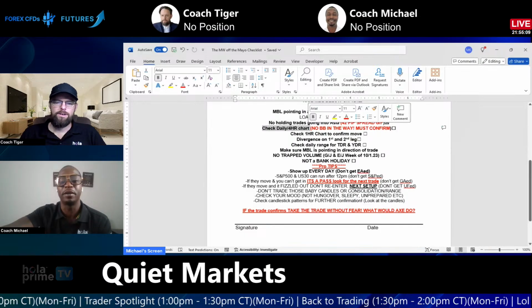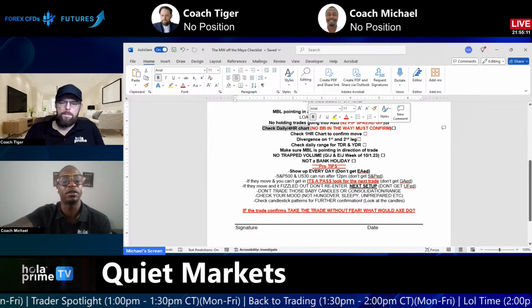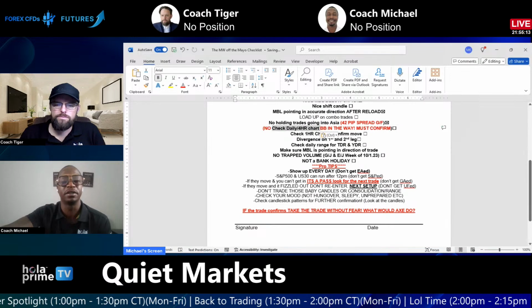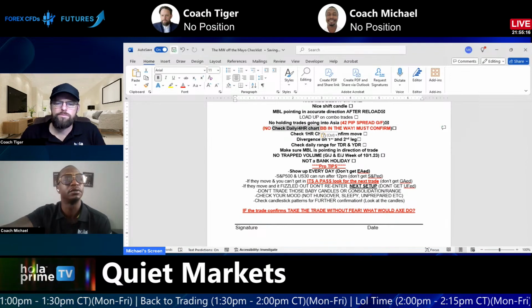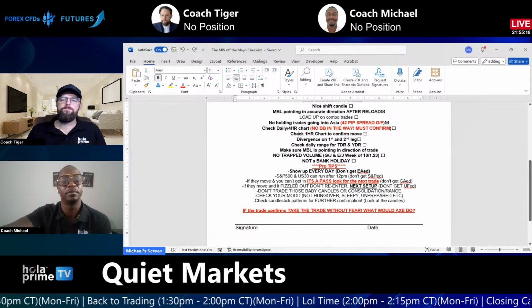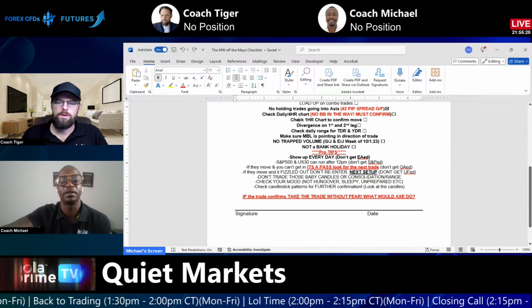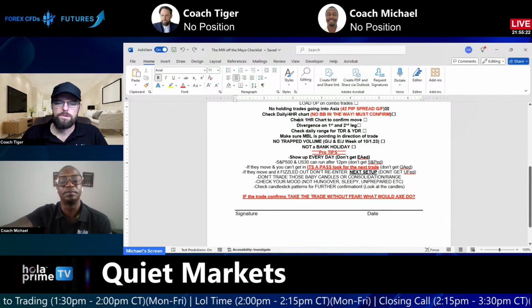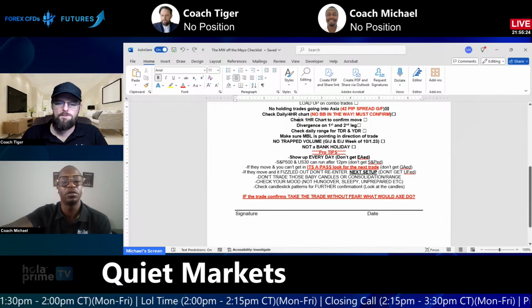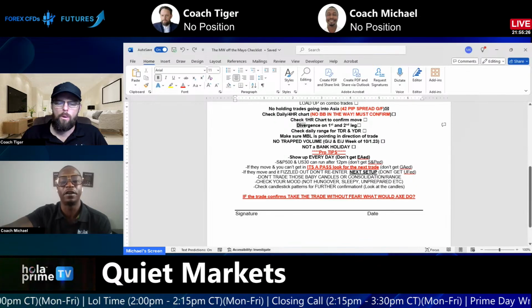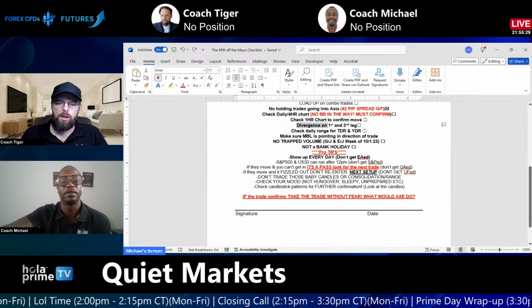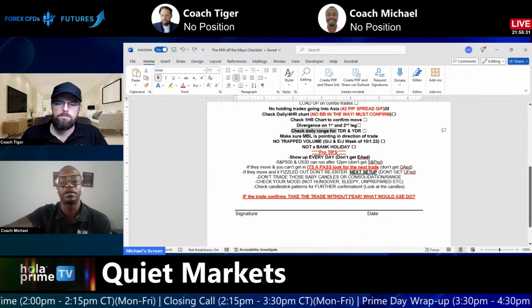No BB in the way. Must confirm. I don't like the trade when the 800 EMA is in the way because it could easily bounce off of it. So I don't like those. Check the 1 hour chart to confirm the move. Divergence on the first or second leg, right? Check daily range.